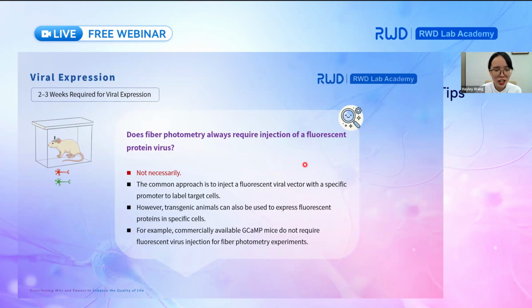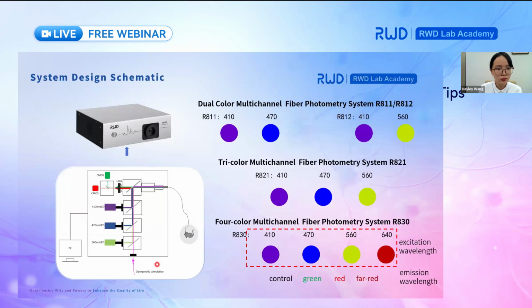But transgenic animals can also be used to express fluorescent proteins. For example, commercially available Chicken mice don't require fluorescent virus injection. About 2 to 3 weeks, the animal is ready for the fiber photometry experiment.